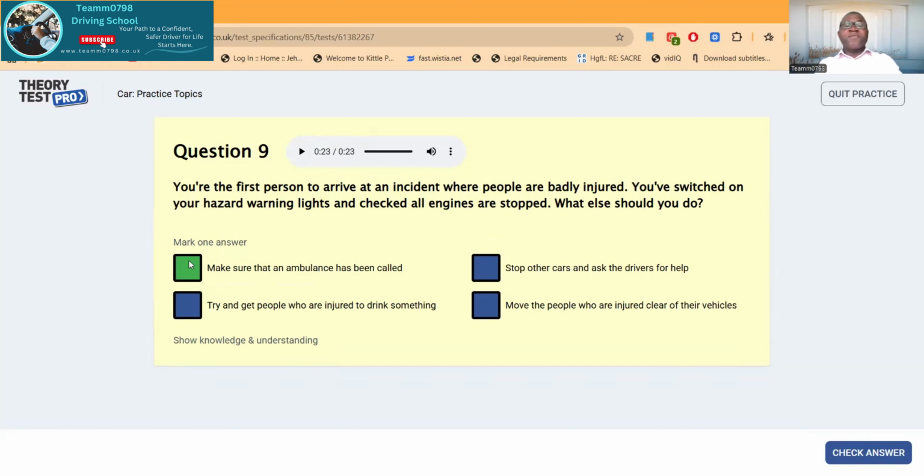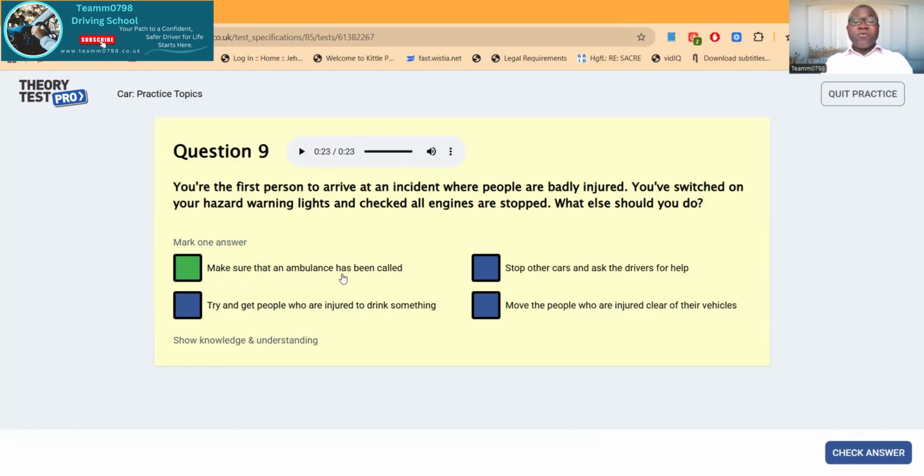So you are the first person to arrive at an incident where people are badly injured. You've switched on your hazard warning lights and checked all engines are stopped. That's very good. What else could you do? Call the emergency services, so make sure that an ambulance has been called. Stopping other cars and asking drivers for help, some may help, some may just drive on, so that is not the correct answer.